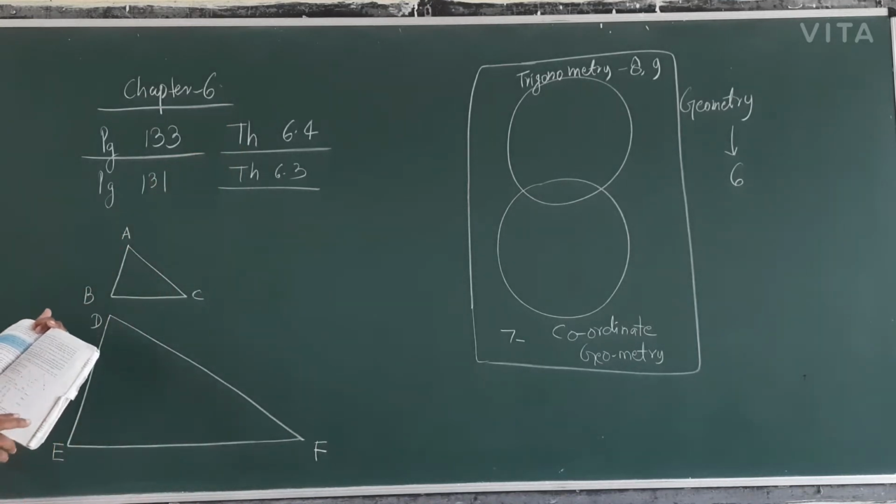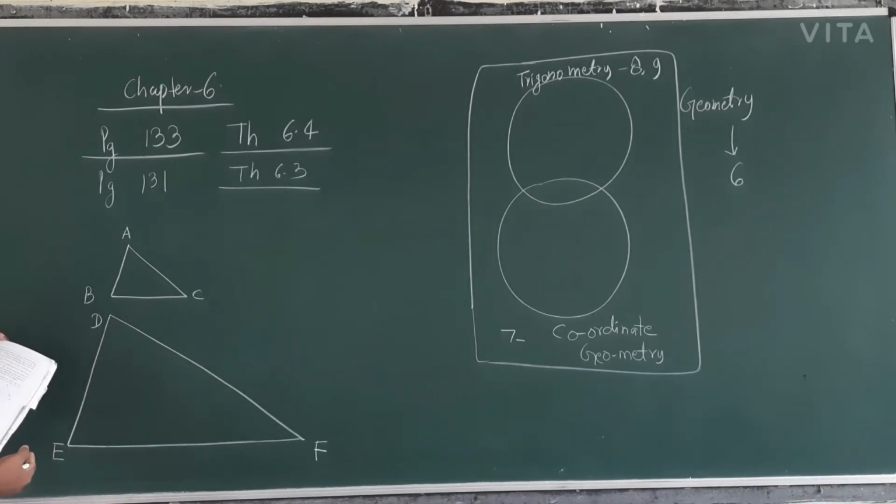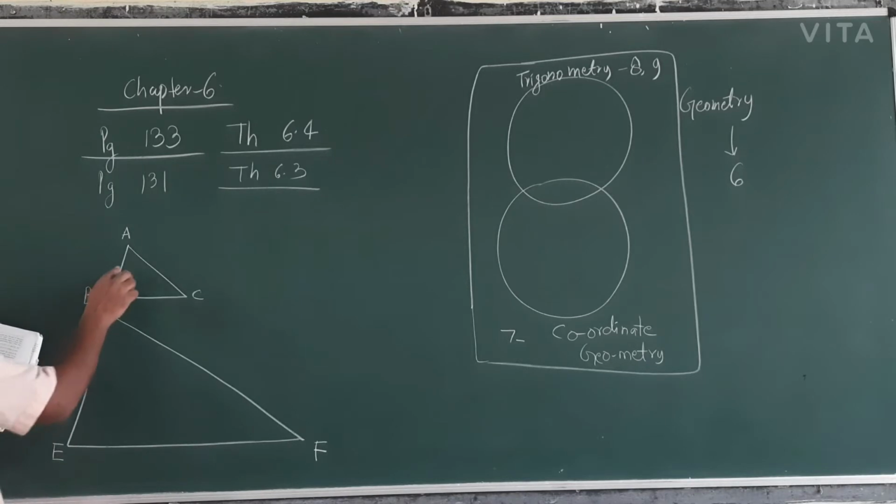In 6.3, if in two triangles corresponding angles are equal, then corresponding sides are in the same ratio. Corresponding angles equal.